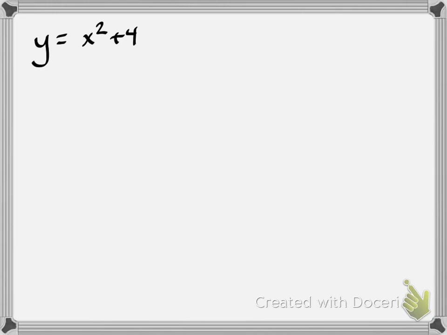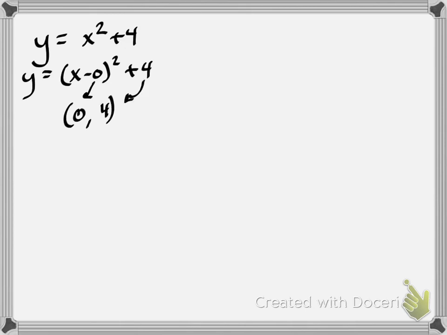So let's say I put a plus 4 out here, and I don't have a number inside parentheses with the x. And so what happens here is this is now my k, and let me just write this a little bit differently. We could think of this as x minus 0 squared plus 4. Okay, well now if that's the case, this is my h, and this is my k. Remember that it changes signs here. You can't really change the sign of 0 because 0 is not positive or negative. And the 4 stays there.